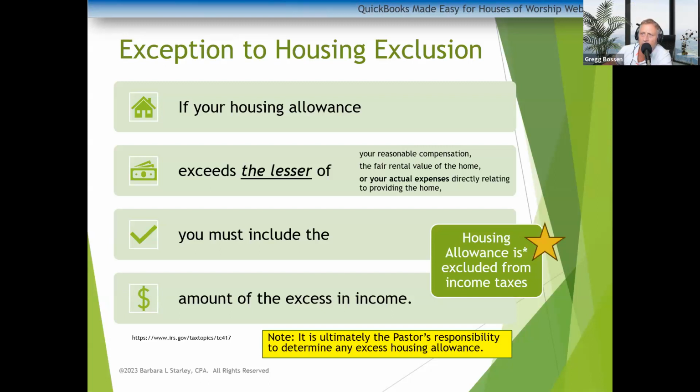Okay, so this one says the housing allowance is reflected on the W-2. Does the pastor prepare a Schedule C then? No, the housing allowance, no. A Schedule C, just for everyone's benefit, is a different form that's added to a regular form.